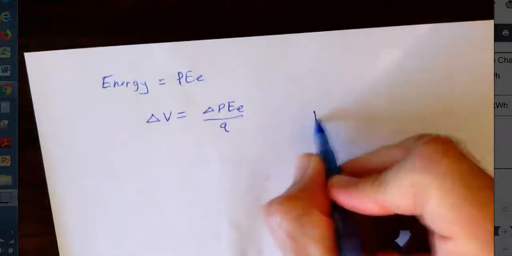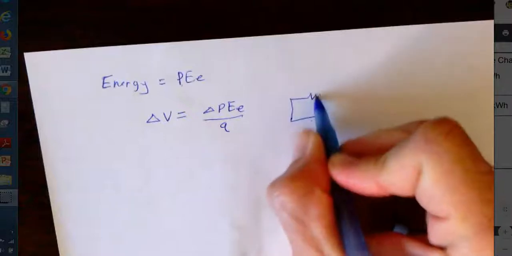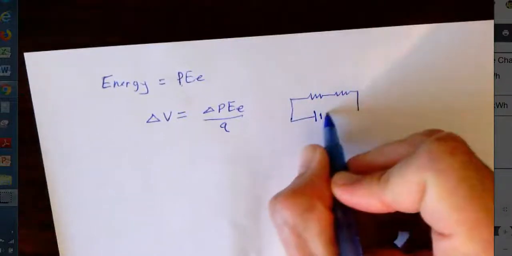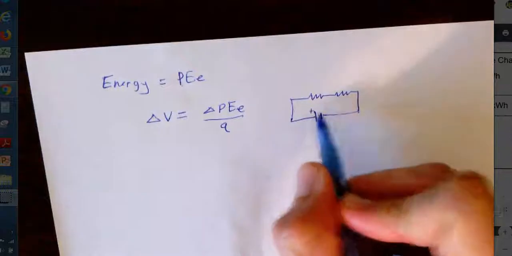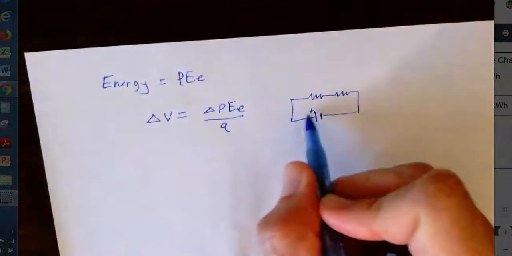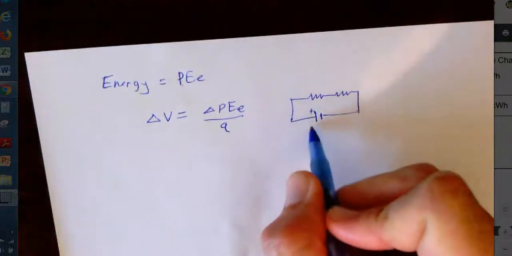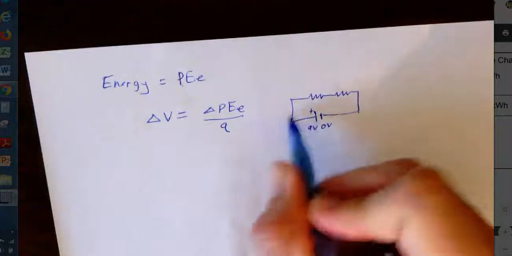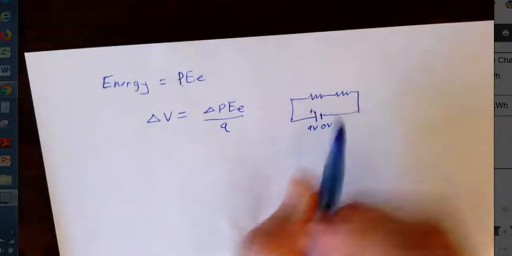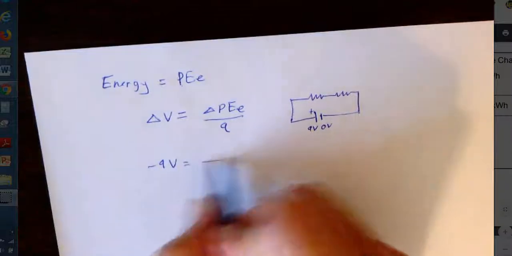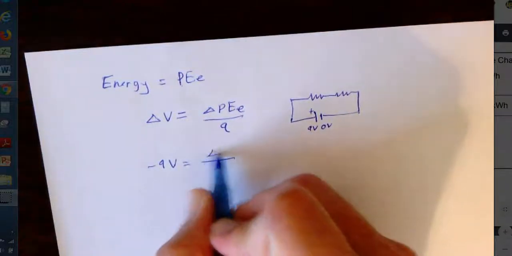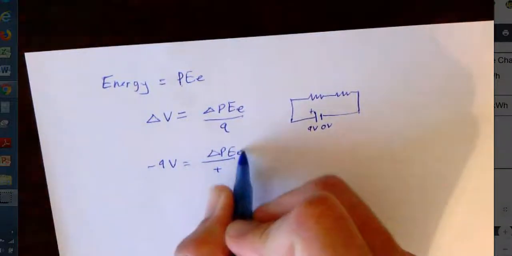So if we have a battery and a circuit, we could have positive charges. If this is the positive side, positive charges here would go down in voltage. If this is a 9-volt battery, they'll go from 9 volts down to 0 volts. So they would have a negative 9 change in voltage, and some positive charge would give us a negative change in potential energy.